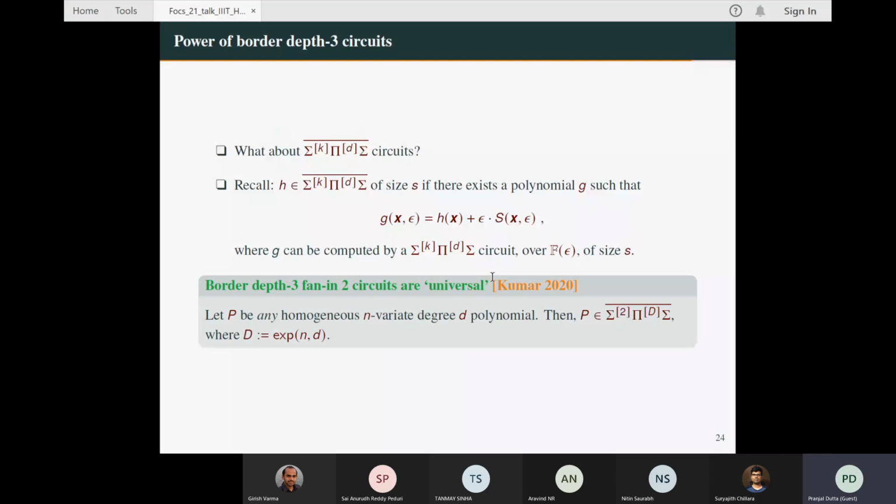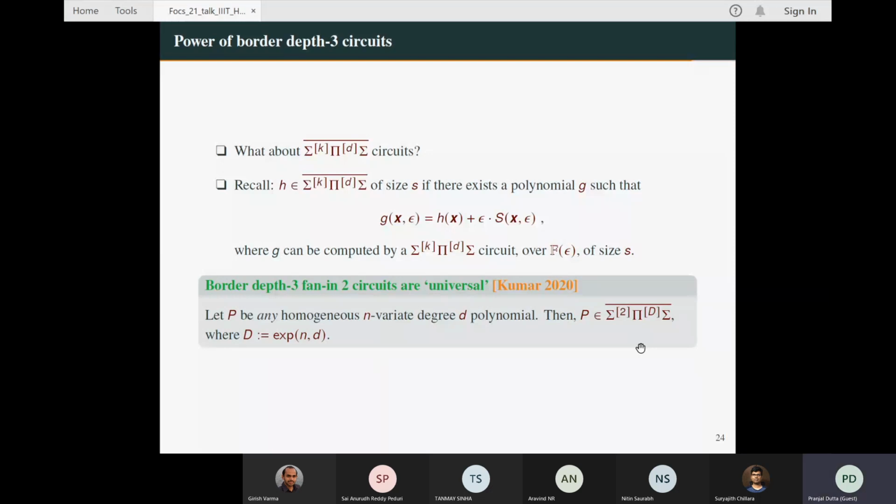A very interesting result came in 2020 by Mrinal. Mrinal showed that, forget about large k, even fanin 2 depth 3 circuits are universal. That means any polynomial P can be written as ΣΠΣ bar with fanin 2. I just want you to absorb this; it is a very peculiar and very strong result.